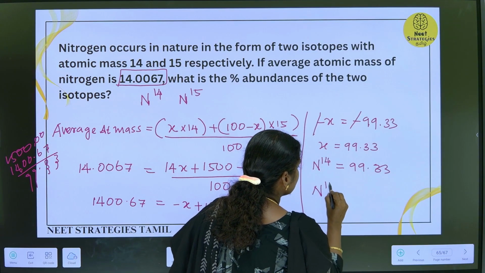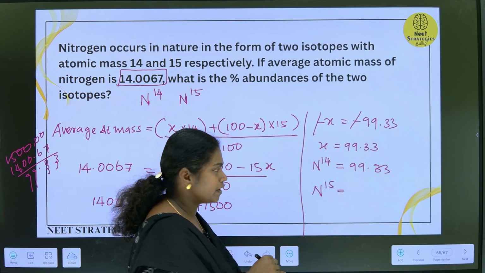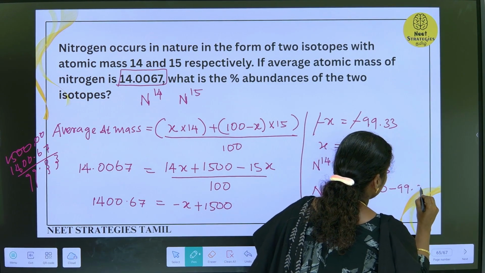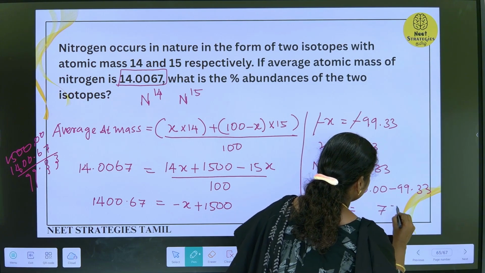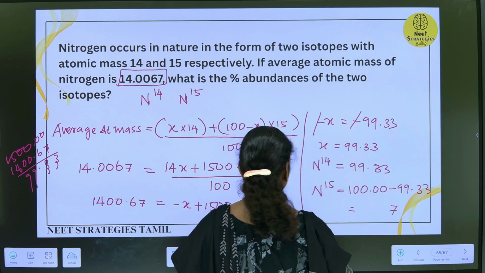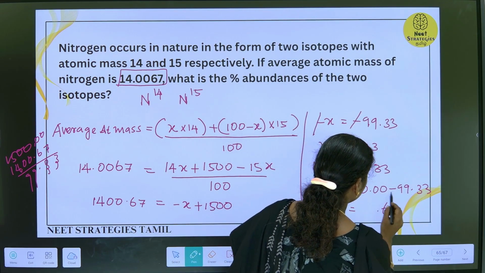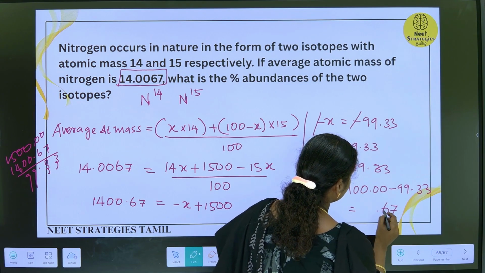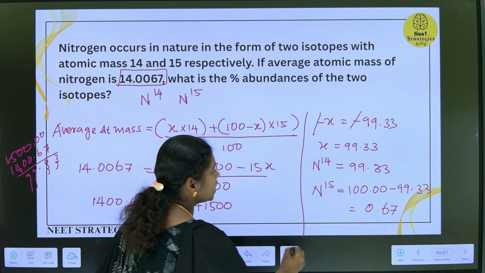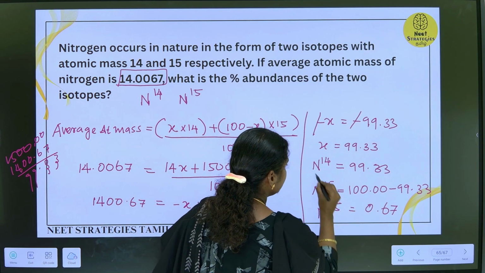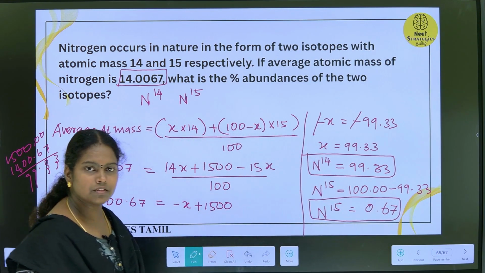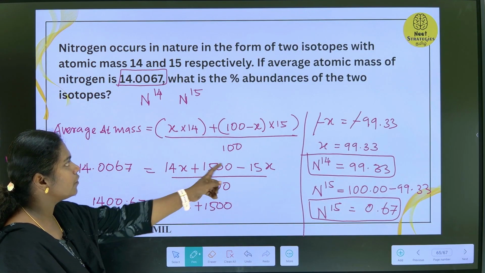For nitrogen-15, subtract from 100. 100 minus 99.33 is equal to 0.67, correct? So nitrogen-15 is 0.67 and nitrogen-14 is 99.33. So this is the percentage availability of 14 and 15.